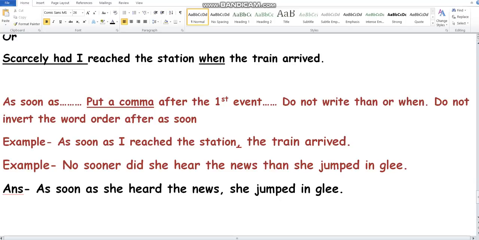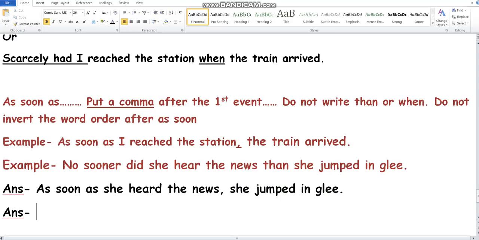If you use it in between, there will be a few changes and the answer will be. Now we will write the second event first. Okay, see, she heard the news first. Okay, first she heard the news and obviously then she jumped in glee.